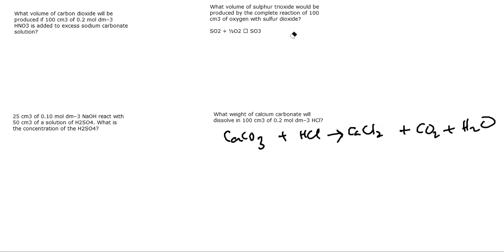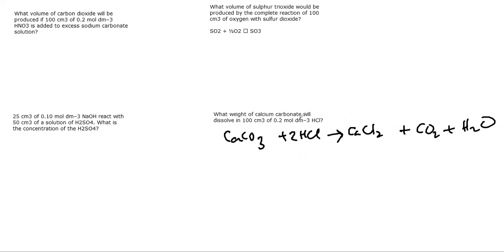I need to balance, of course. So I put 2 here because I have 2 Cl, and then I have 1 carbon, 3 oxygen and 2 hydrogen, and 1 Ca is already balanced.